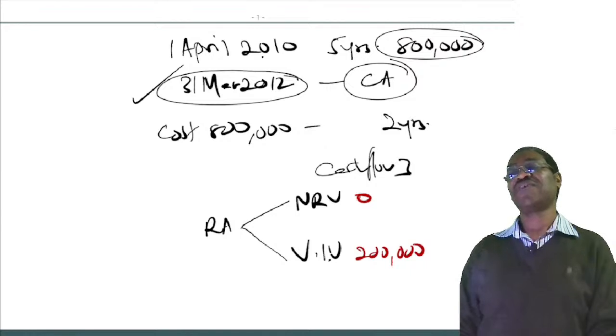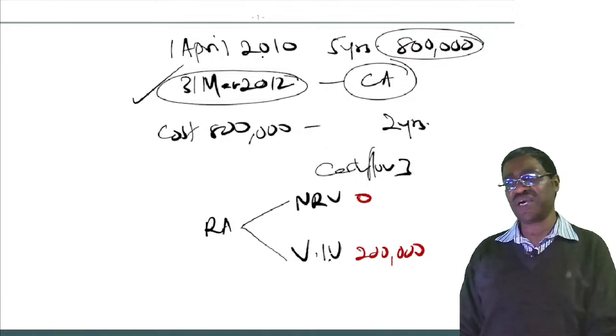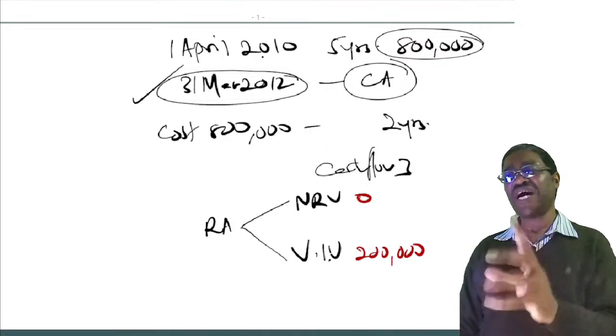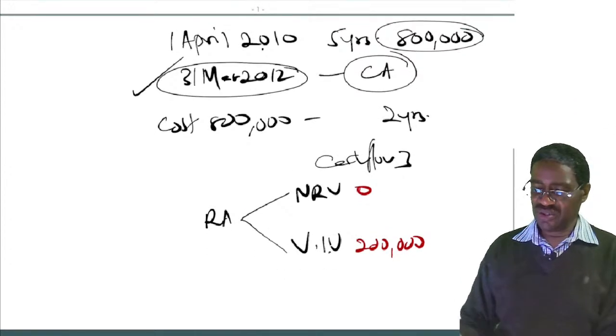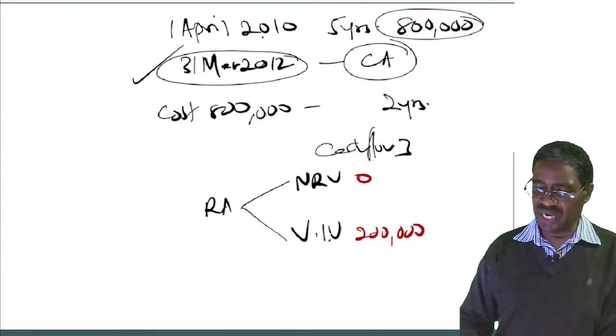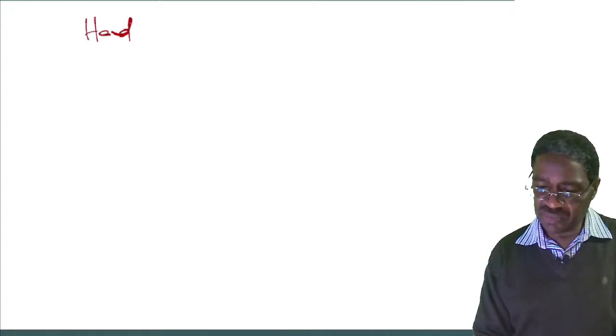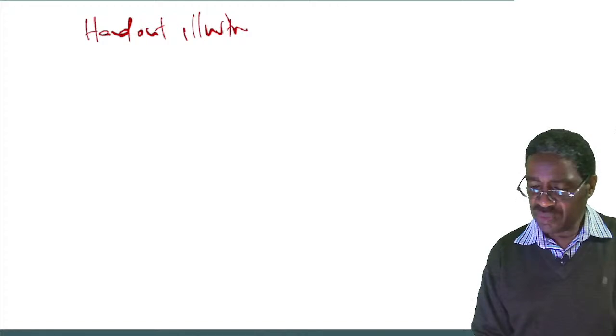Fine. So let's now start by computing the carrying amount. I hope you have managed to get the concept behind the question. You can even put down, this is handout illustration.